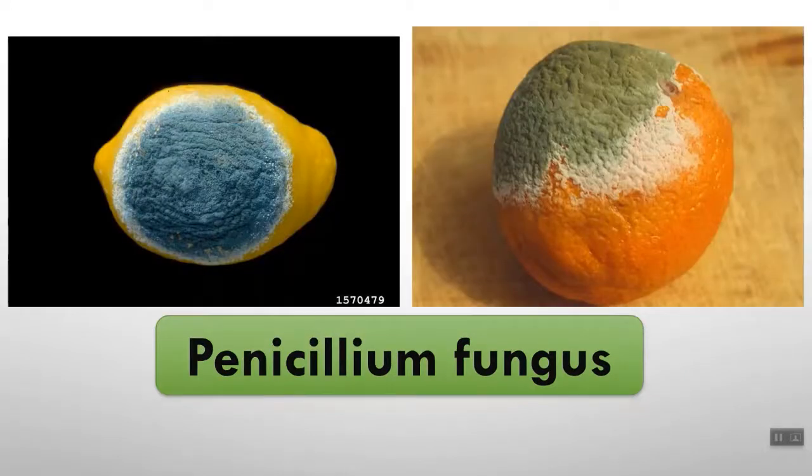And we also have the Penicillium fungus, which appears on the lemon or on the orange, and decomposes them into simple substances. Penicillium fungus is another type of saprophytes or decomposers.